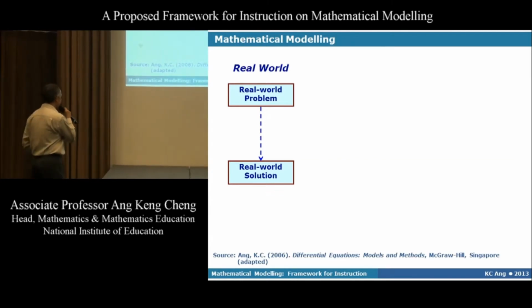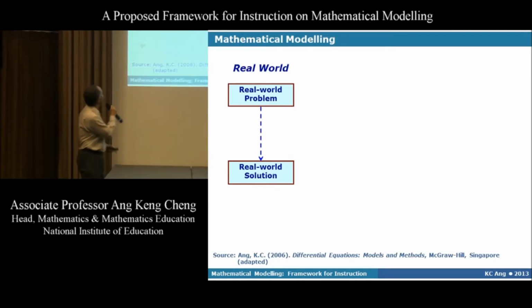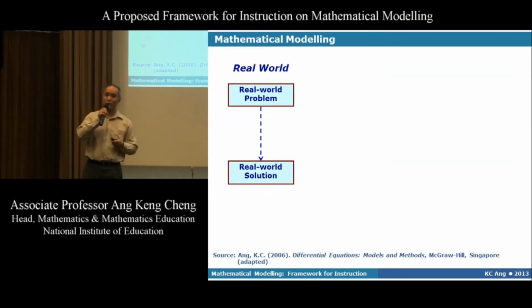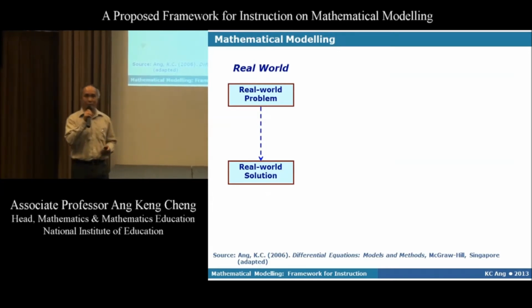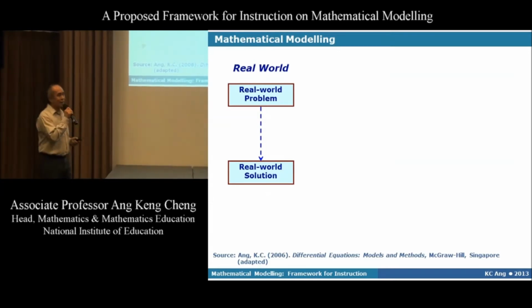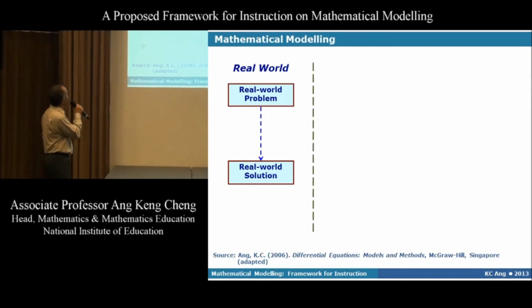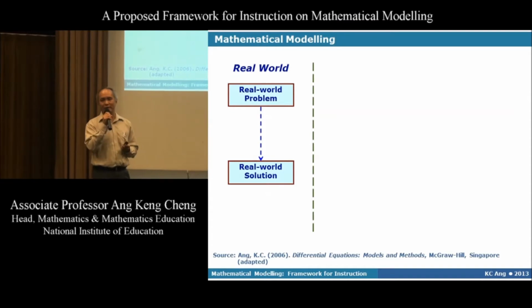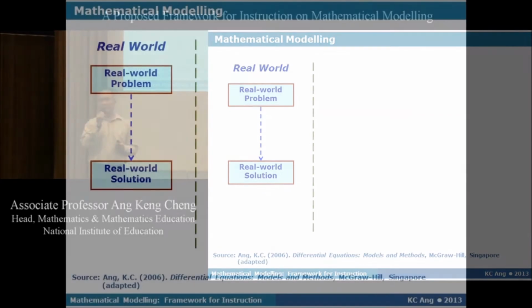Alright, a real world problem, and we would like to look for a real world solution for this problem. And usually that route from the real world problem directly to a real world solution may not necessarily be easy or even possible at times.